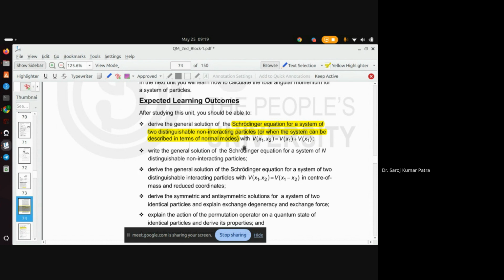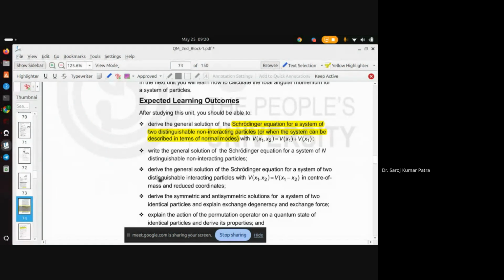We can distinguish particle 1 and particle 2, and they are not interacting. So the potential of one is not affecting the potential of the other, so they can be summed algebraically. That means V(x1, x2) is V(x1) plus V(x2). This signifies that they are non-interacting particles, so there is no potential between x1 and x2.